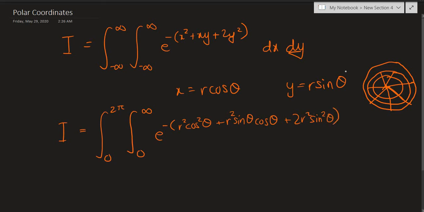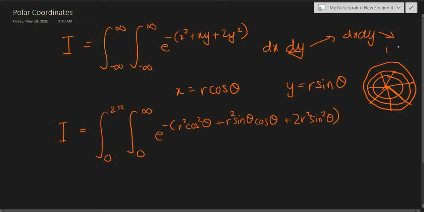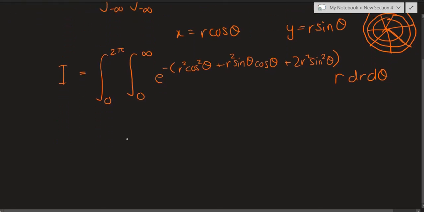And now dx dy, I hope you remember, because of the Jacobian, I explained it in my previous video, becomes r dr d theta. So r dr d theta here. So we have this extra factor of r.